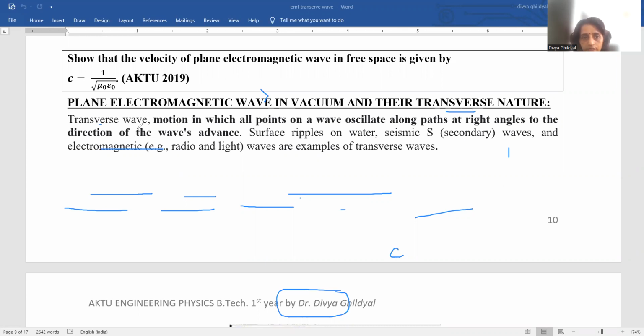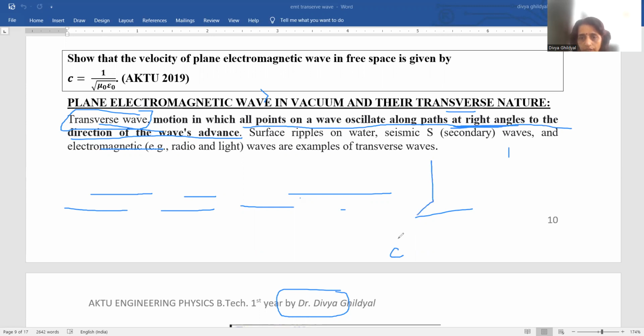A transverse wave motion, in which all points on the wave oscillate along paths at right angles to the direction of the wave's advance, is said to be transverse in nature. That means they oscillate along paths at right angles. Right angle means 90 degrees.